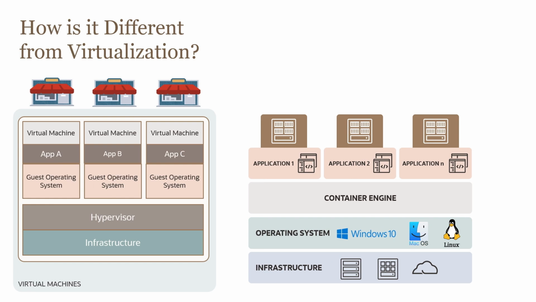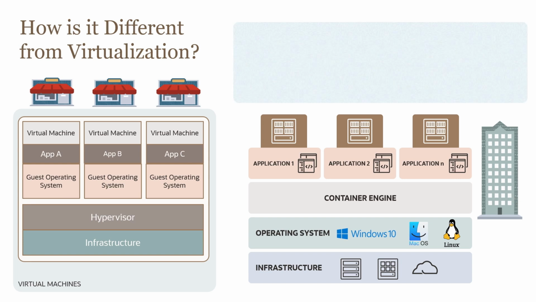Now let's shift gears to containerization. The modern day superhero. Imagine a high-rise building where each floor represents a container. These containers share the same building or host operating system, but have their private space or isolated user space. Here's the magic. They are super lightweight, don't carry extra baggage of a full operating system, and can swiftly move between different floors.